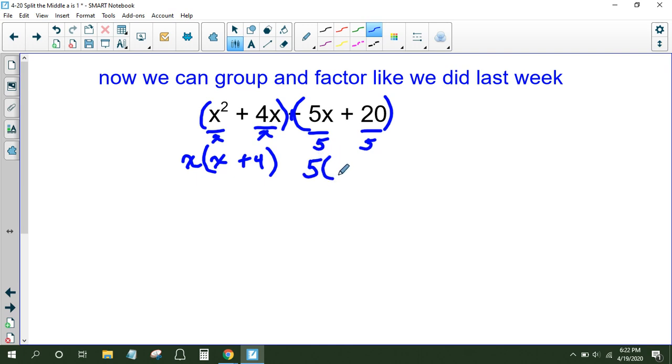Inside our parentheses, 5x divided by 5 leaves us with just x, and 20 divided by 5 leaves us with 4. We're in good shape because our two parentheses have the exact same thing inside them, x plus 4.